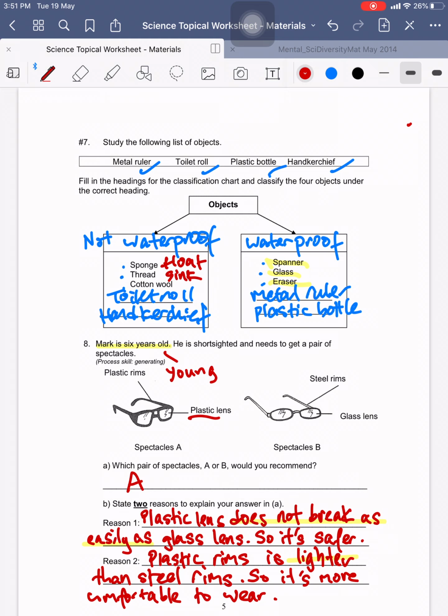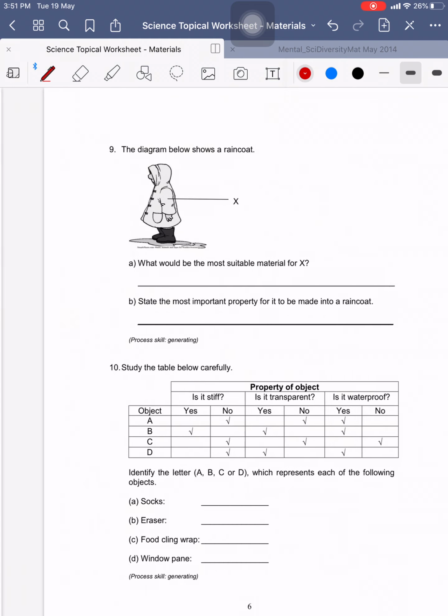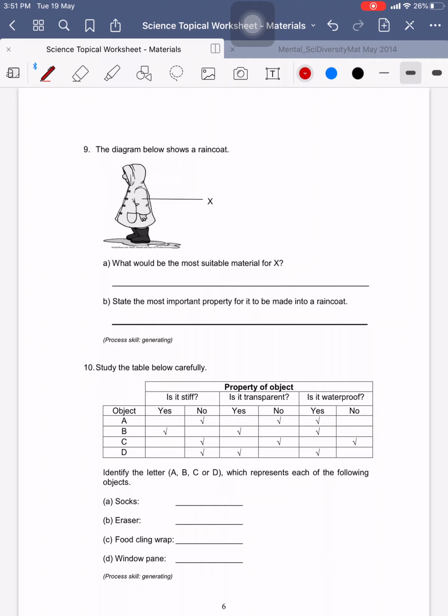Moving on to question number 9. Now the diagram shows a raincoat. So which would be the most suitable material for material X? Now of course we will want it to be waterproof.